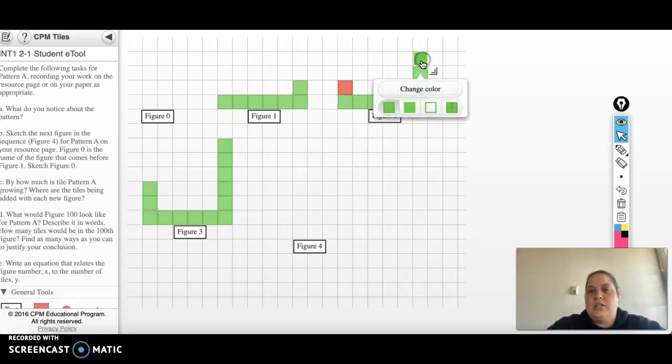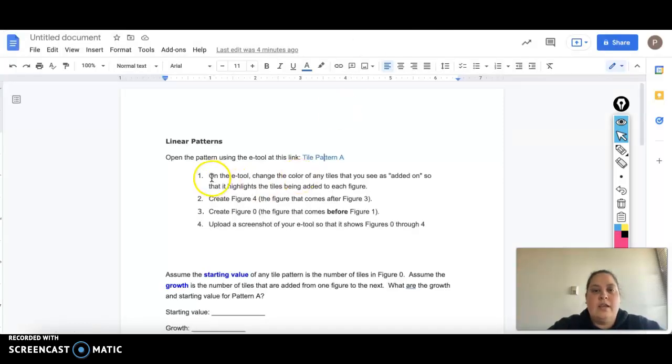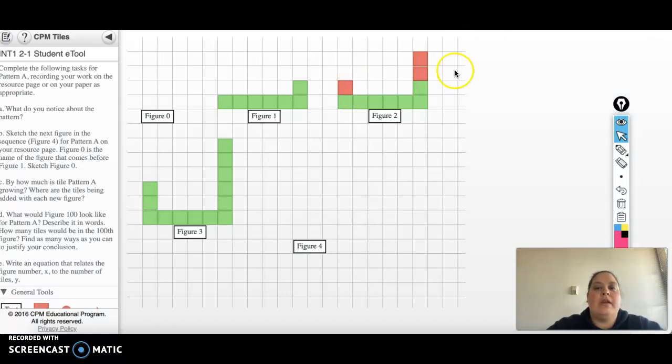So that means they changed this one and they added this one. Again, I'm just clicking on those and holding it down to change the color. Because if you look at the document, it says, use your e-tool to change the color of any tiles that you see have been added so that it highlights. So that's what we want to do. We want to make sure that we change those, right?